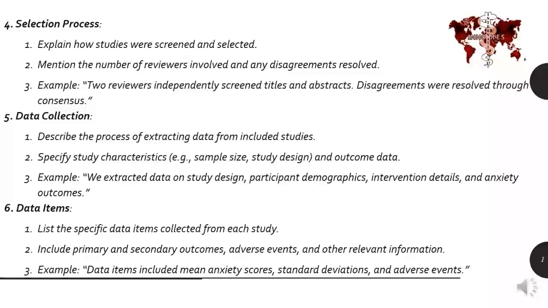You also have to report any process you use to obtain or confirm relevant information from study investigators. So if some of the abstracts or articles require translation into another language to determine their eligibility, you also have to report how they were translated. For example, by using software programs or by asking a native speaker, whatever method has to be clearly stated.